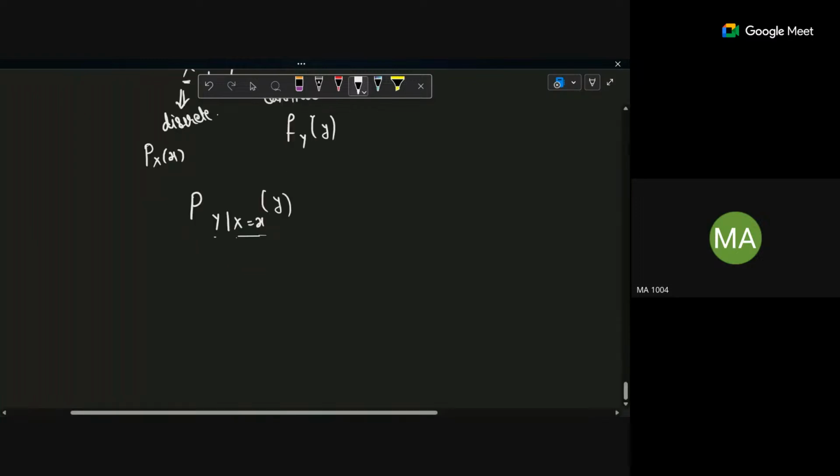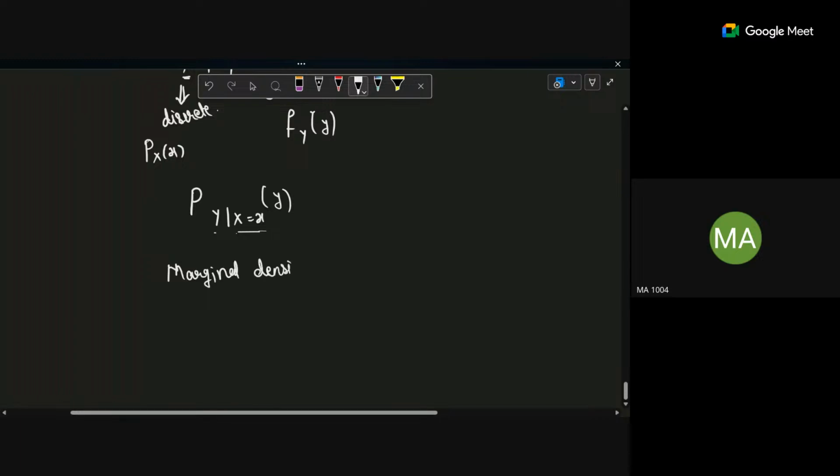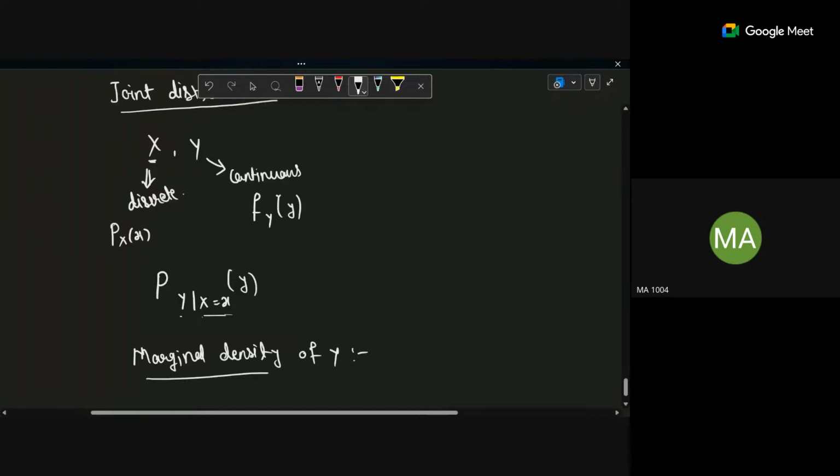So how to find it? In this case, what will be the marginal density of y? Do you understand what is marginal density? Whenever there are two random variables, y remains constant and the x value changes, summation over x.